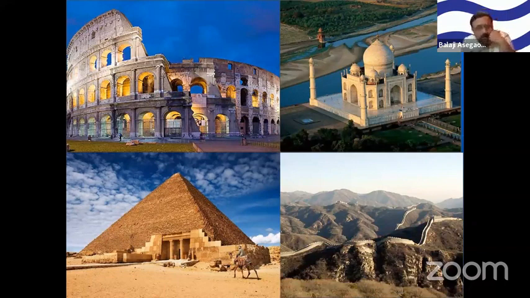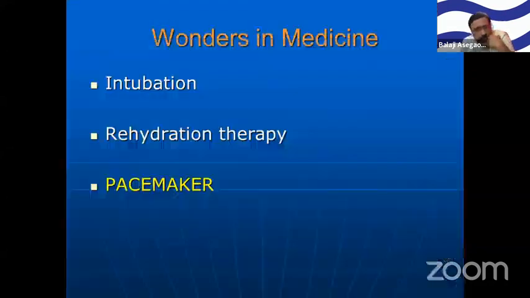We call all these the wonders of the world. But if you ask me what are the wonders in medicine which save maximum lives, one is rehydration therapy, the other is intubation, and the topic which today we are going to talk about is the pacemaker. These are the wonders of medicine which have saved maximum lives for mankind.